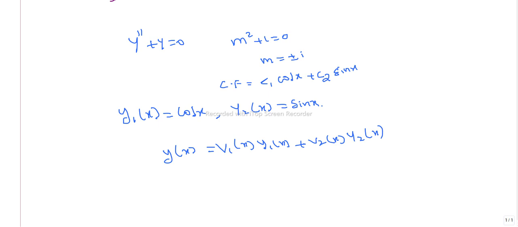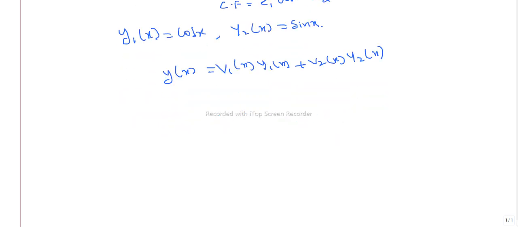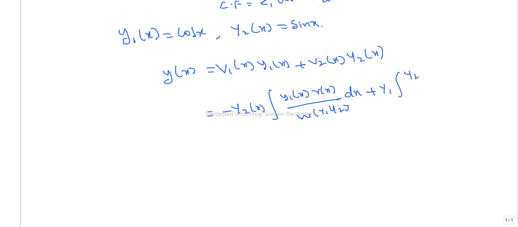The solution is minus y2 of x into integral of y1 of x into the right hand side function r of x divided by the Wronskian of y1 y2 dx, plus y1 into integral of y2 of x into r of x by the Wronskian of y1 y2 dx. I think this is the formula.